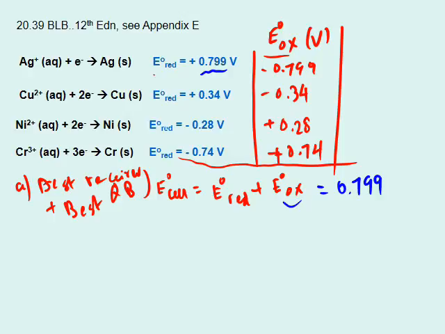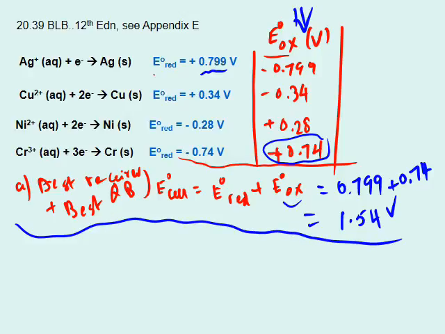And then the best oxidation reaction, or the best quarterback, which most readily loses electrons. Now we look at the second column, the largest value of oxidation, which is plus 0.74. So I'm going to write down plus 0.74. The sum of these two gives me the total cell voltage, which is 1.54 volts.